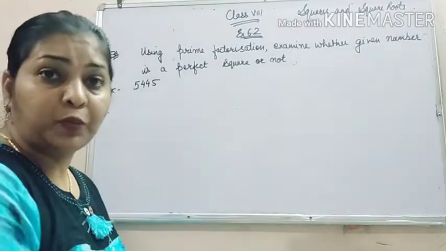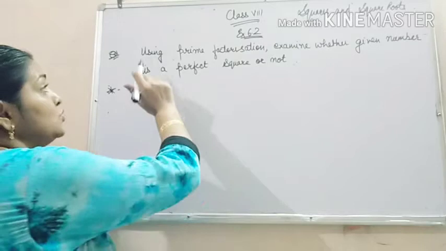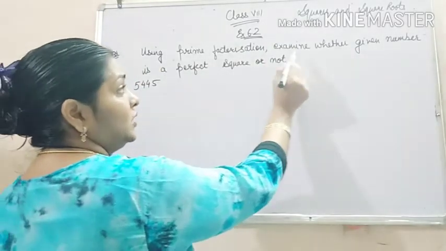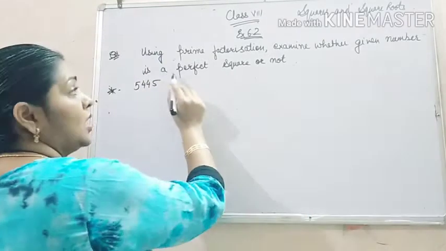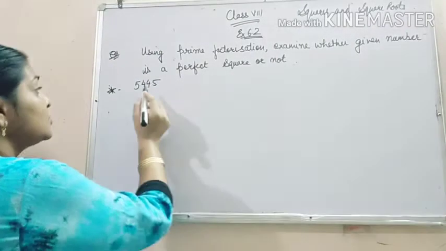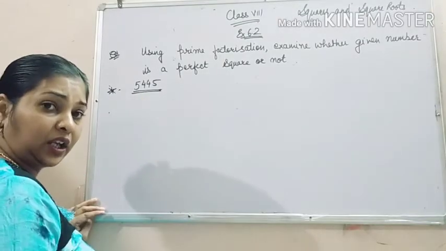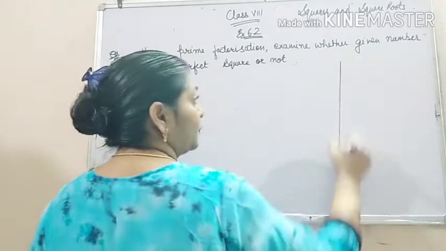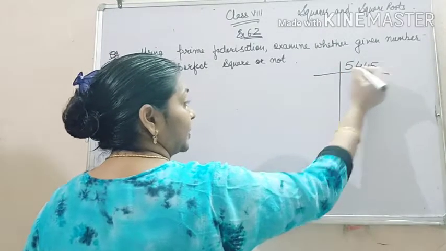The very first problem of exercise 6.2 is that using prime factorization you have to examine whether the given number is a perfect square or not. So the given number is 5445. We will do prime factorization of this number.